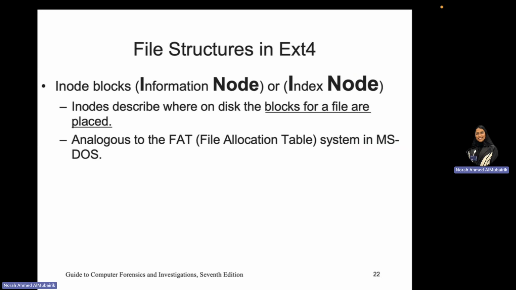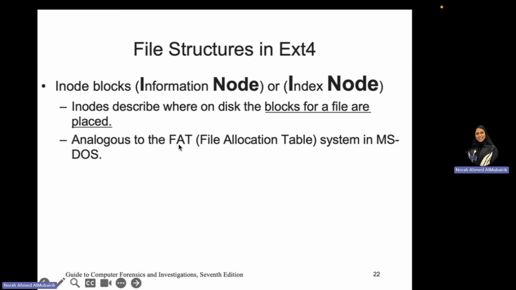All of these are metadata about the data, but the actual data is stored in attribute 80, right? The same thing applies here in the fourth extended file system. The inodes store all the metadata, but the actual data will exist in the last block, the data block.